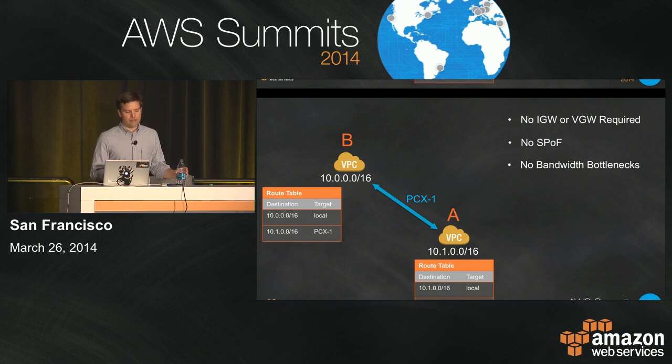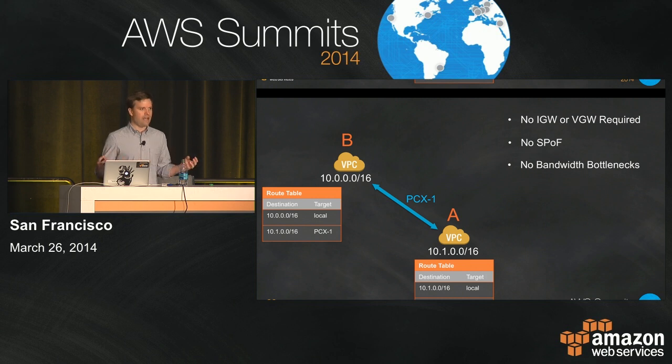It's important to point out that there are no gateways required here, so you don't have to have an IGW on these VPCs. You don't have to have a VGW. And there's no single point of failure. Similarly to how I described the internet gateway, this is purely a software configuration of the VPC stack. We're not introducing any physical presence. There's no physical thing that all this is flowing through.